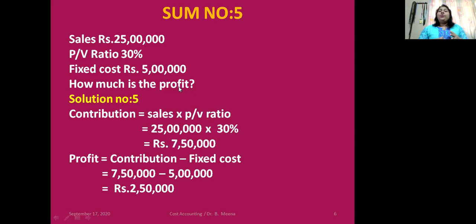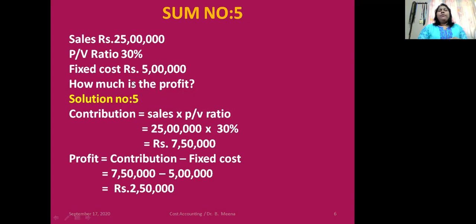This is the way to work out questions under marginal costing. We need to look into the problem: what is available, and what was the question? They are asking you to calculate the profit.